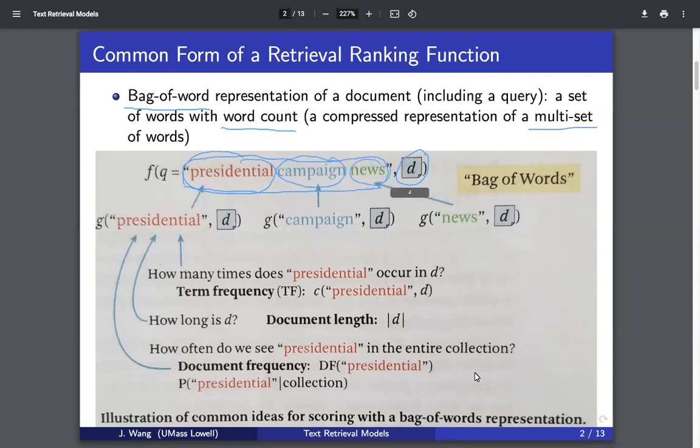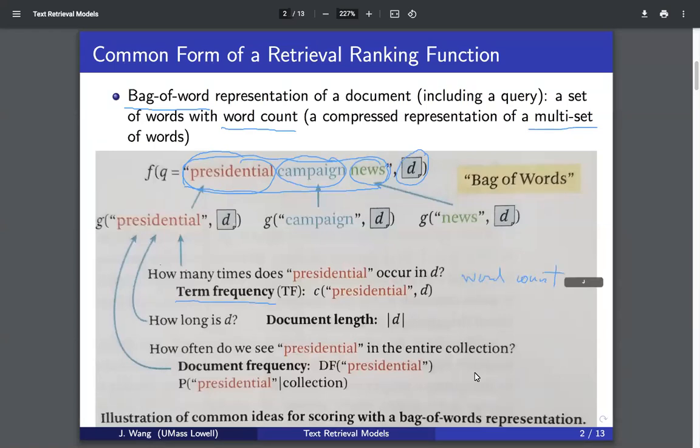So the easiest thing to do here is to search for a document D that contains presidential, campaign, and news as many times as possible, and that D obviously would better match the query, okay? So that means we first have to look at term frequency. That's really just a word count.